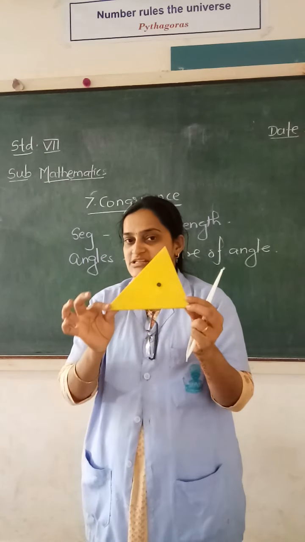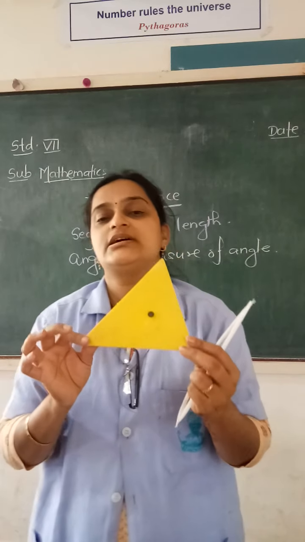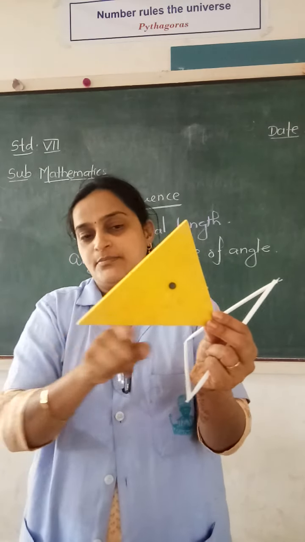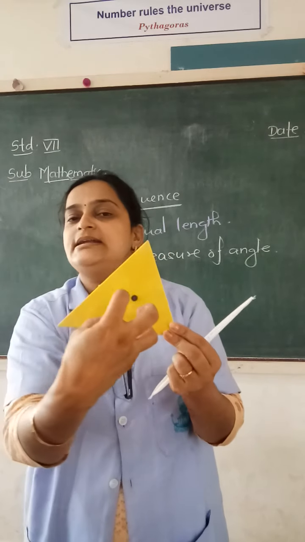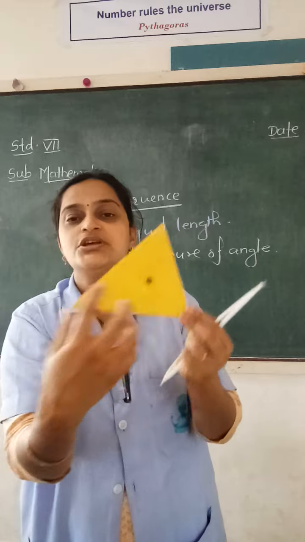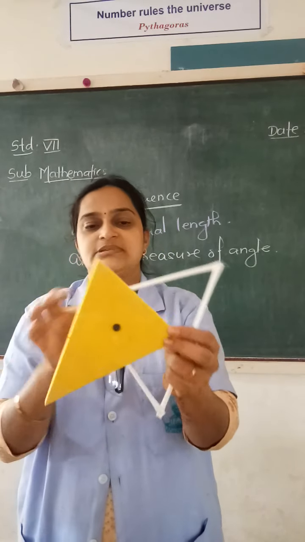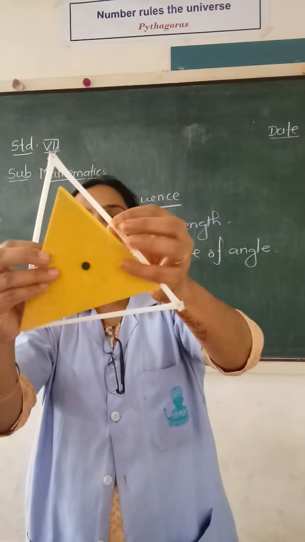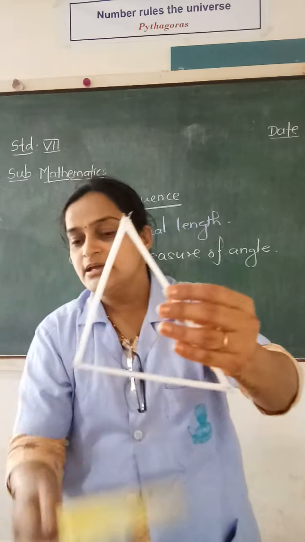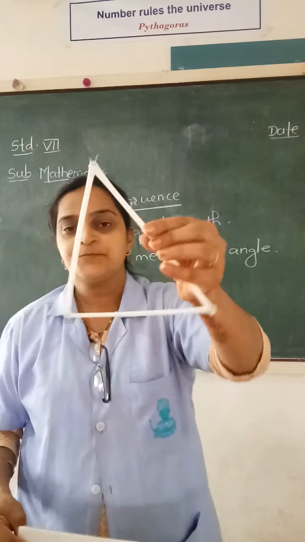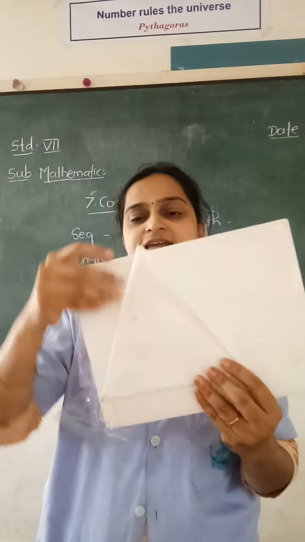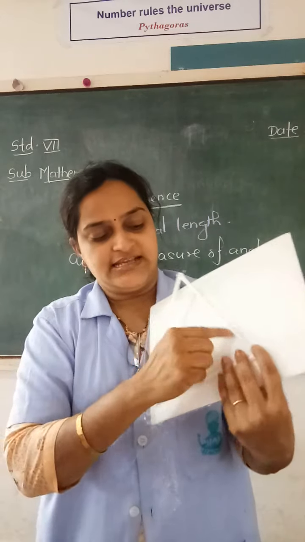Last year you have studied what is meant by the interior of any closed figure, any polygon, means the sides of the polygon, the boundary of the polygon, and the interior, they make that polygonal region. So you can clearly see these boundaries and whatever is the region bounded by them, that is called a polygonal region. Here it is called a triangular region. See, this is a triangle. If I place it here, then this place is occupied by this triangle. This is a triangular region.